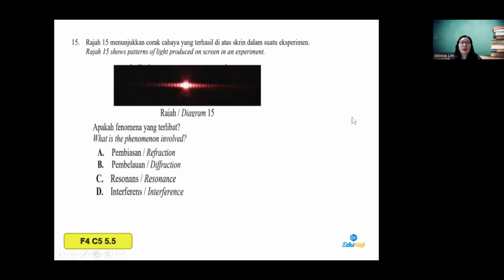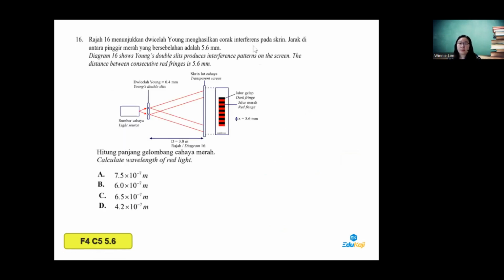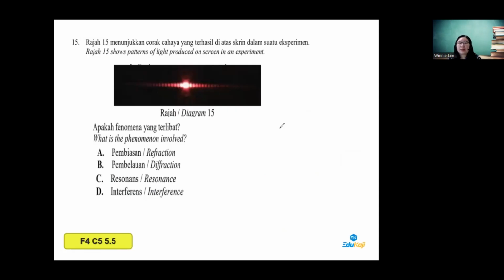Okay, moving on. Diagram 15 shows the patterns of light produced in an experiment. So what is the phenomenon involved? This is the diffraction pattern you get when you shine a laser through a slit.